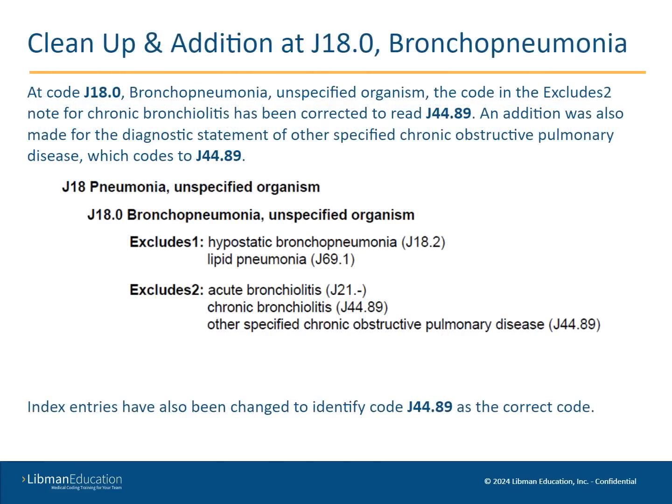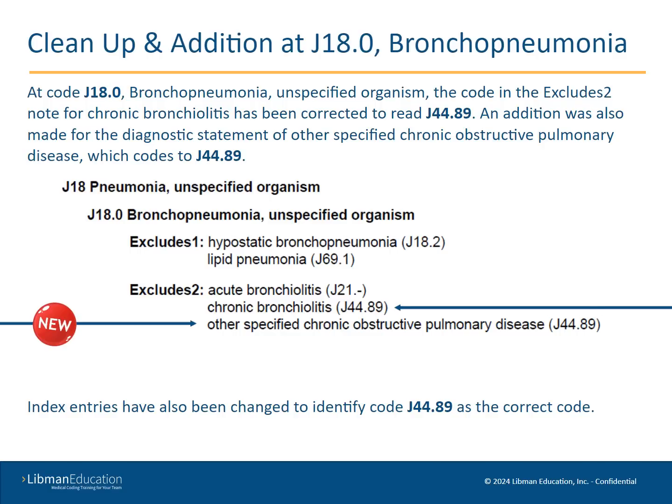At J18.0, bronchopneumonia, unspecified organism, the code in the Excludes 2 note for chronic bronchiolitis has been corrected to read J44.89. And then we also have an addition for the diagnostic statement of other specified chronic obstructive pulmonary disease, which codes to J44.89.